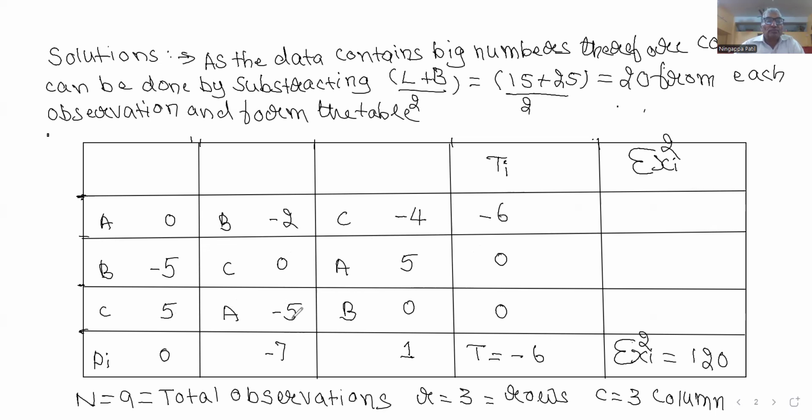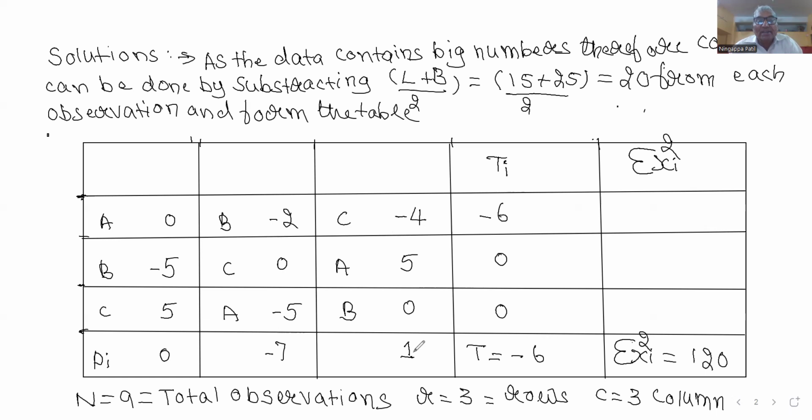And 5 minus 5 plus 0 is 0, the Ti value. Similarly, you can form one more row, Pi. That is 0 minus 5 plus 5, which is 0. And minus 2, 0, minus 5, minus 7. And C: minus 4 plus 5, 0.